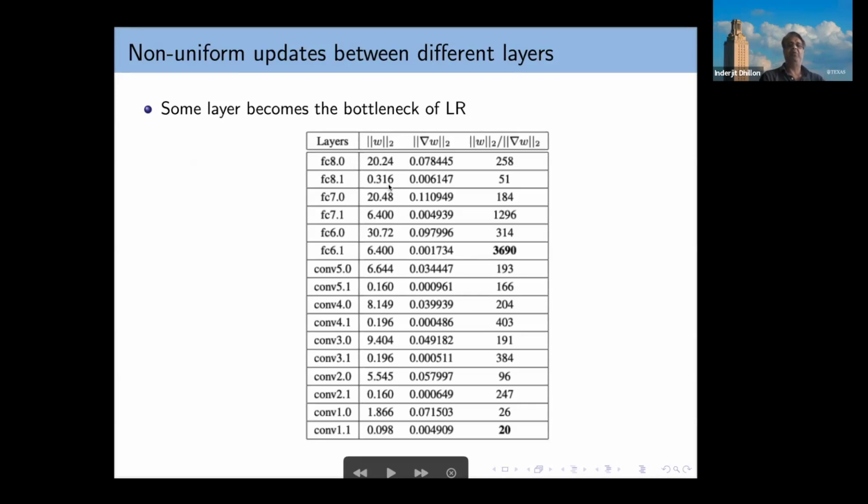And what one can see is that you might end up having very different norms of the parameters versus the norm of the gradient. In the rightmost column, the norm of the parameters divided by the norm of the updates, or the gradients, sorry, can vary quite a bit, from 20 over here to 3,700.